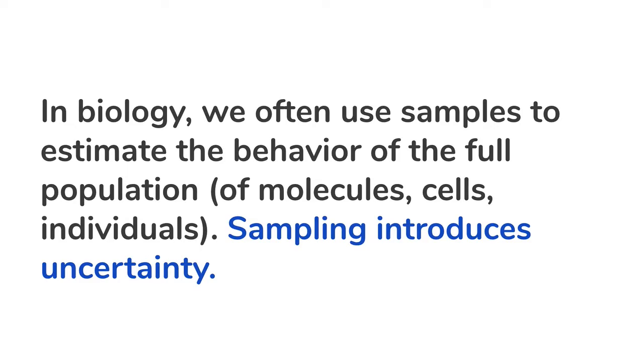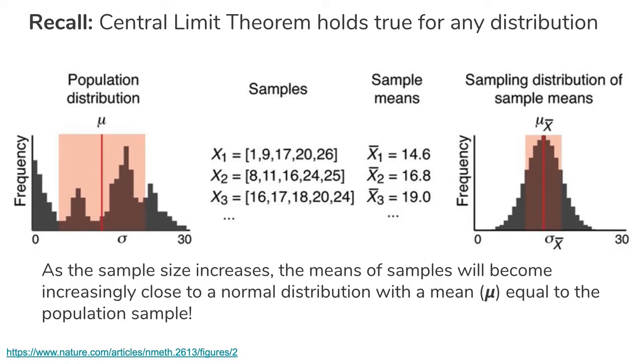If we can't actually look at an entire population, if we study 10 mice or 100 cells instead of all 100 trillion cells in the body, then there's uncertainty. And as we learned last time, there's a fundamental concept in statistics called the central limit theorem.